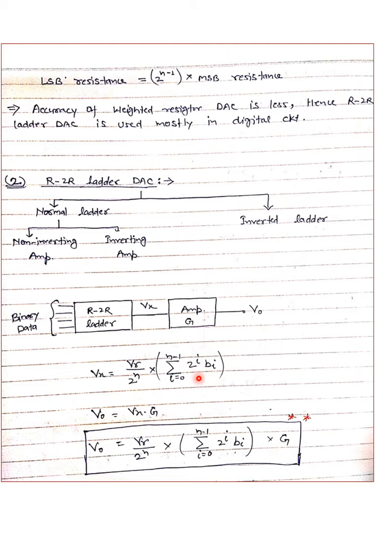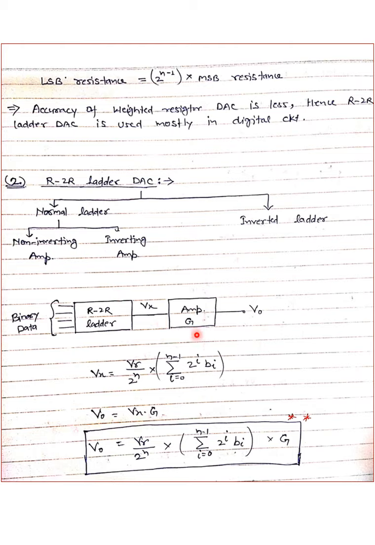This is nothing but the binary digit multiplied by the weight of that binary digit and summation of all those terms, and V output is given by Vx into this gain.